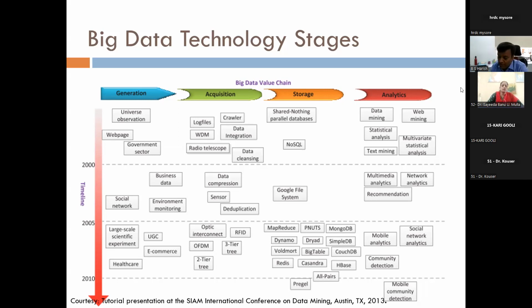The more data you acquire or generate, the more challenges lie ahead, so you need different types of acquisition methods. Once the data is acquired by the different methods, you need a mechanism to store that huge data, which undergoes various changes.